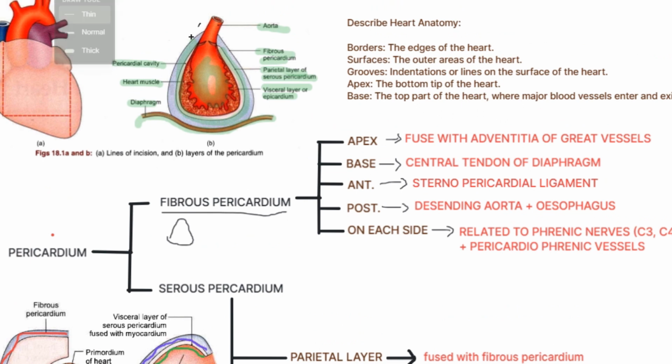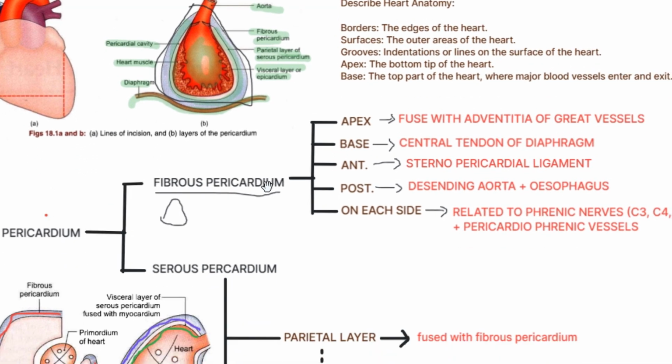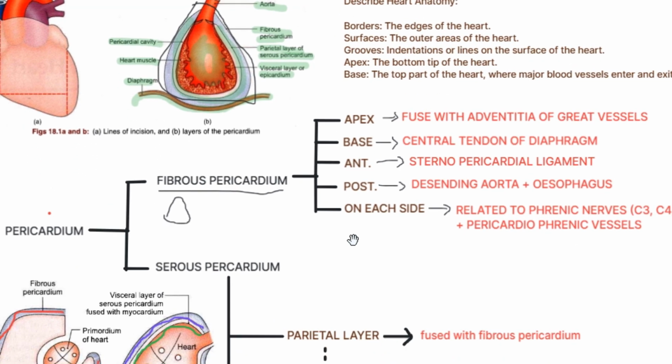It is forming a bit of a cone here, right? So fibrous pericardium is your conical sac which is made up of fibrous tissues, as the name says itself. The parietal layer of the serous pericardium is attached to its deep surface with the fibrous pericardium.